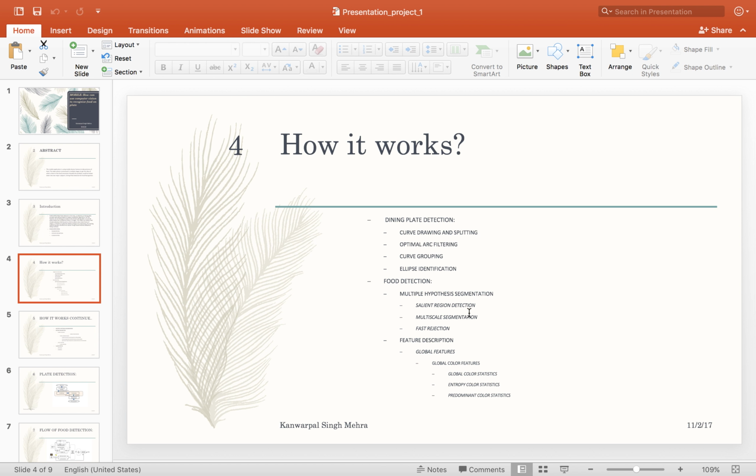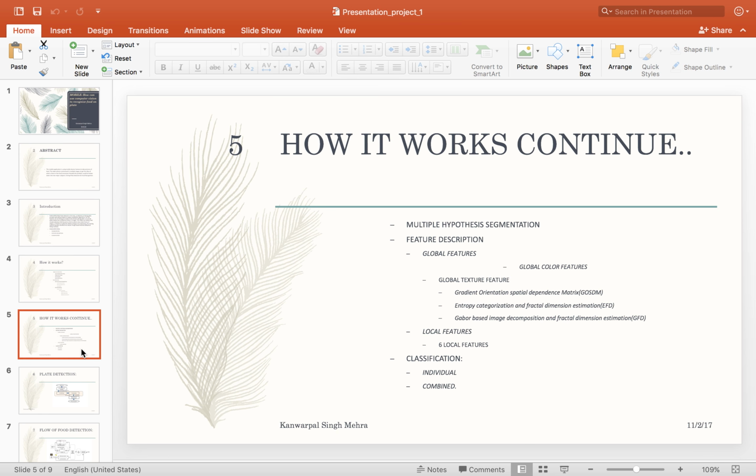We calculate those 12 feature vectors for each pixel, and we test them against our training set, and after that we do the classification on each and every pixel.